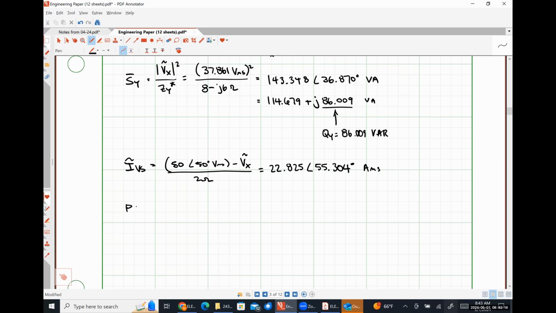And from this, the power factor at which our voltage source is supplying power is the cosine of 50 degrees, that's the phase angle of our voltage, minus 55.304 degrees, which comes out to be 0.996. Is this power factor leading or lagging? Leading.